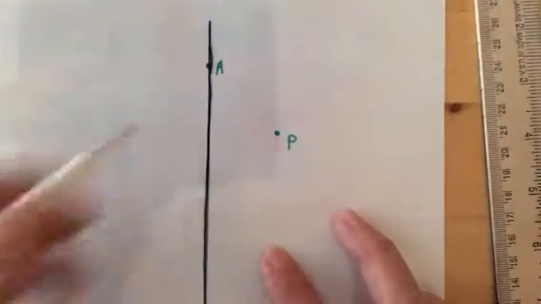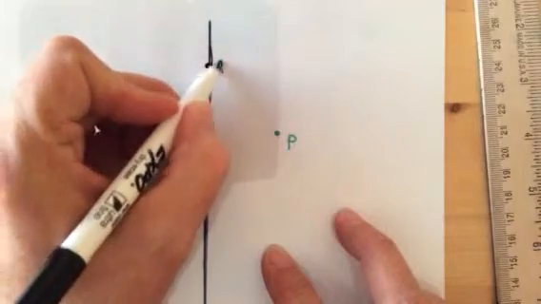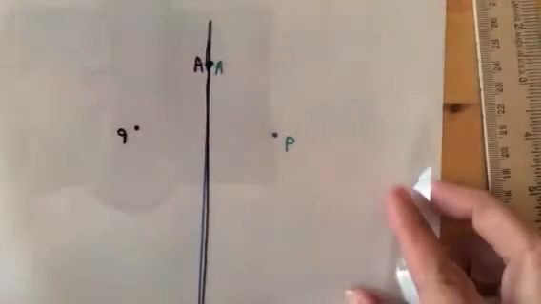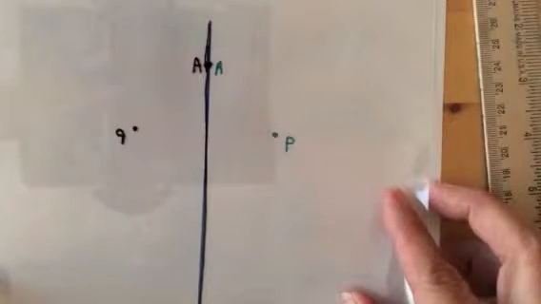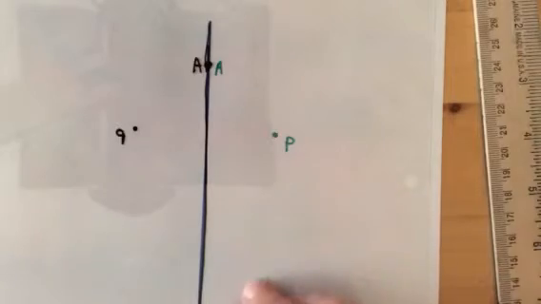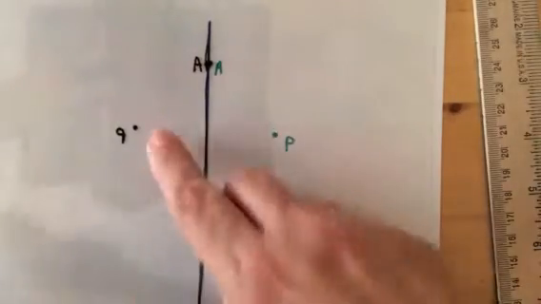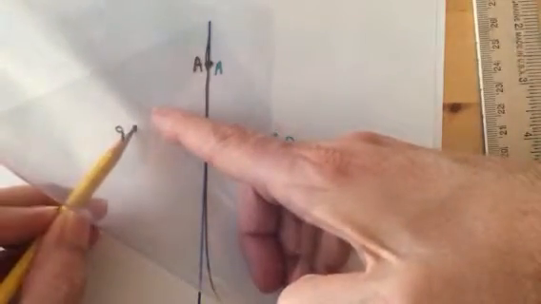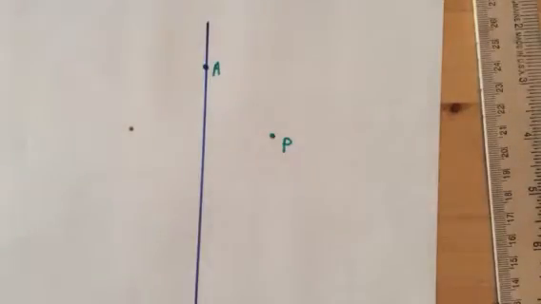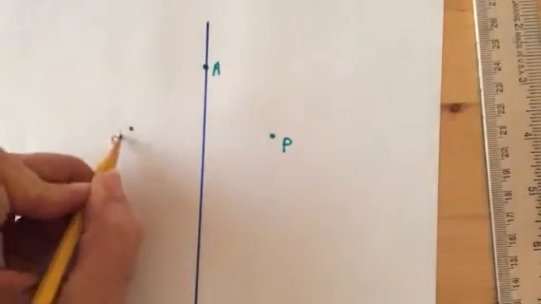So there's my line, my point A, and point P. All right, and I'm going to reflect this and match that up. So over here I've got my reflected point, and that's going to be P prime. And of course A prime is the same as point A. So there's my P prime.